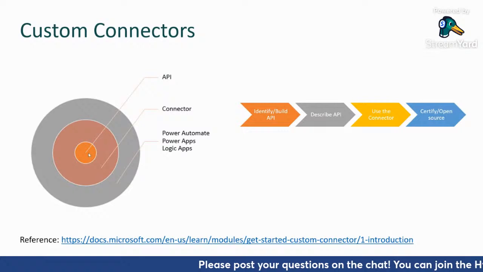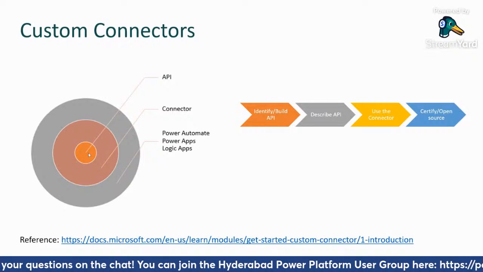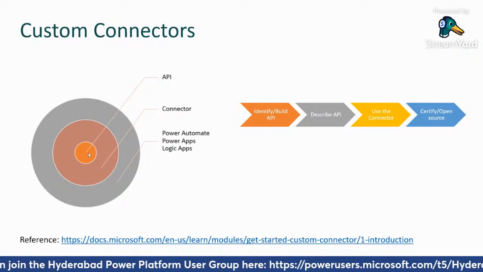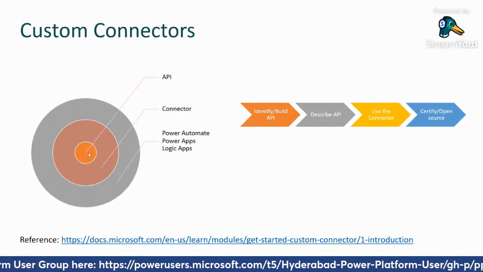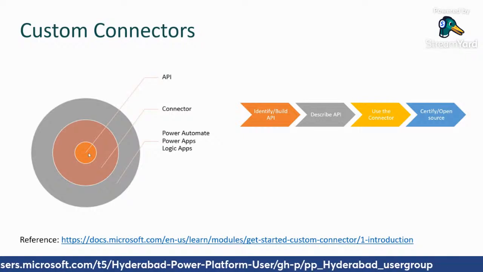If you don't see a connector available for the data which you want to consume in your Power Apps or flows, we should have some kind of API, because these custom connectors are a wrapper around that particular API that can be consumed in Power Apps or Power Automate.